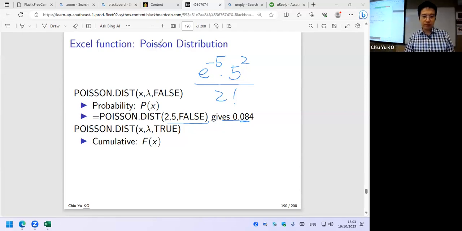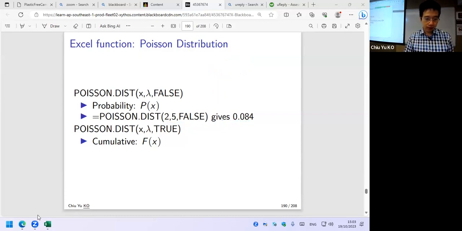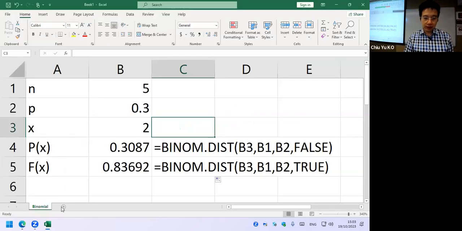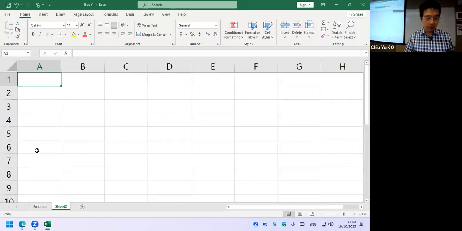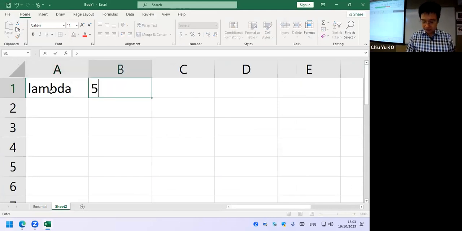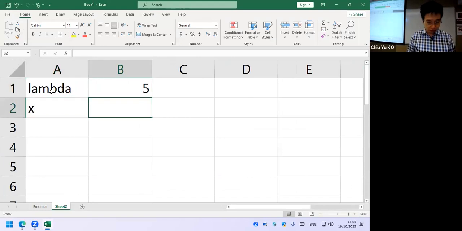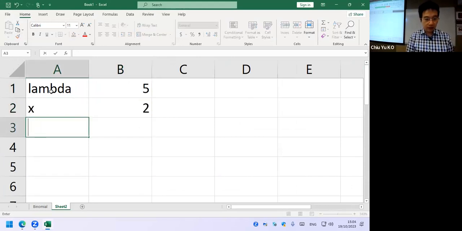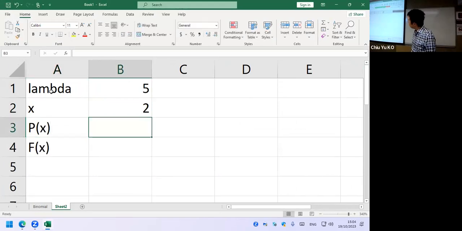I need to show you why exactly this number is this one. So let me do another sheet. What I do is lambda is 5, X is 2. So I want P of X and F of X. It's very simple, just 2 numbers.